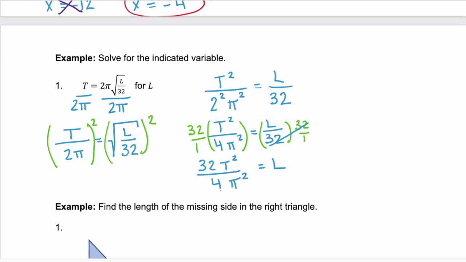But 32 and 4 simplify, right? They simplify to 8. So we would get 8t squared over pi squared equals L. Or the appropriate way to write it would be L equals 8t squared over pi squared.